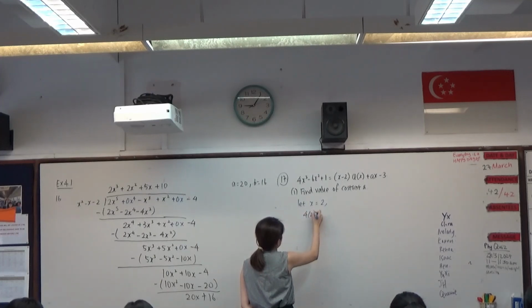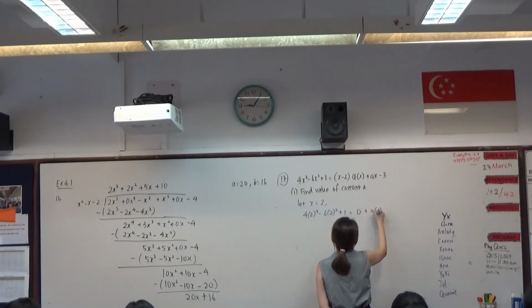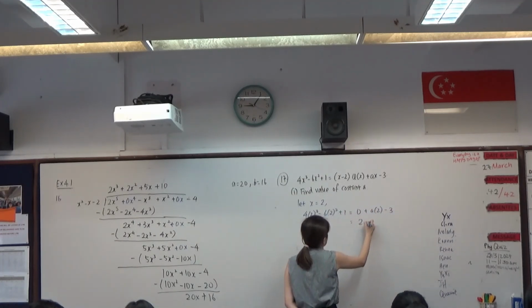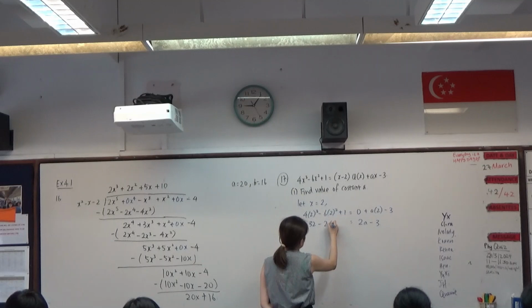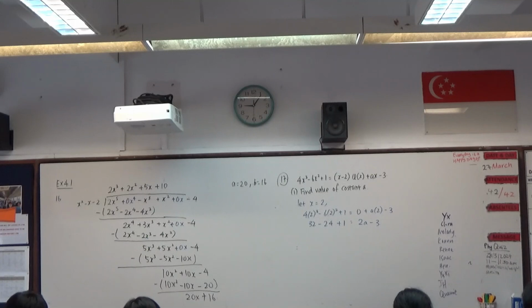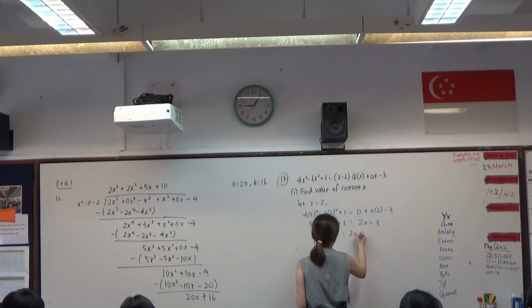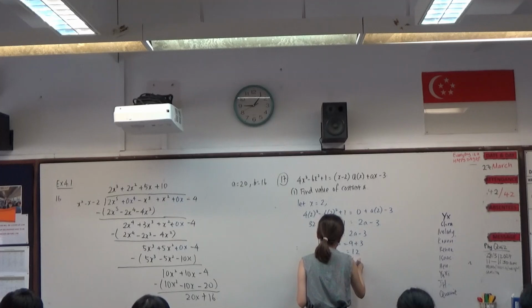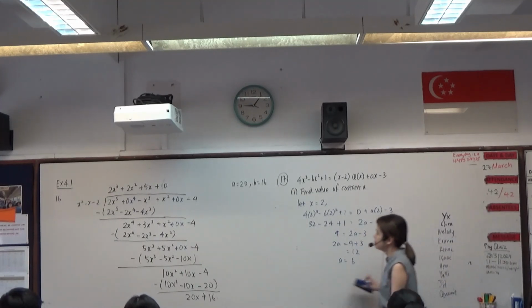So, times 4 minus 4 plus 1. 32 minus 24 plus 1 is what? 9. We get a to be equals to 6, right? We get that?